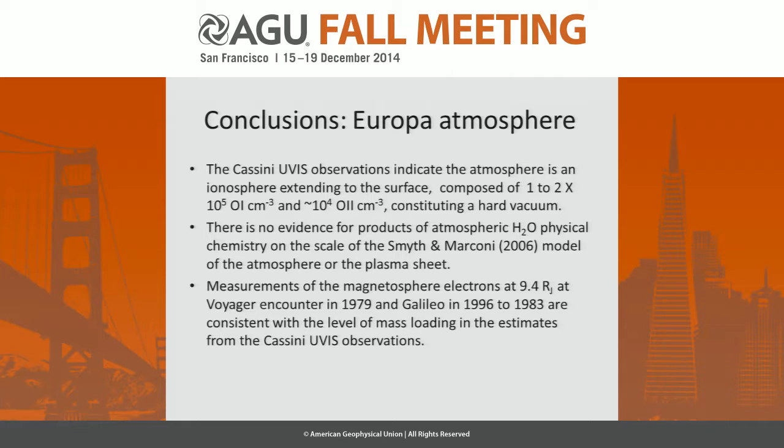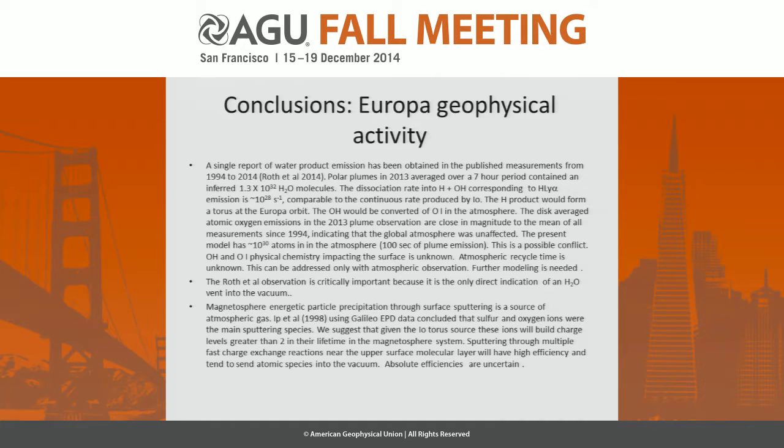So it's a fairly significant plasma at the surface. The ratio here, ion to neutral, is about 0.1. We don't see anything of the production that Smith and Marconi would come up with, and again, we're in agreement with the Voyager and Galileo results.